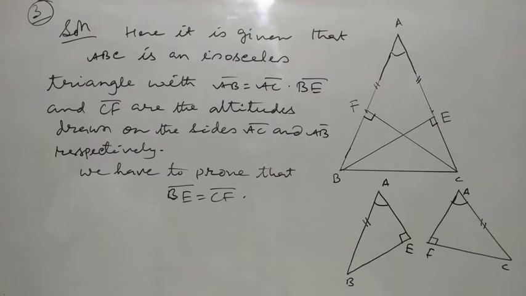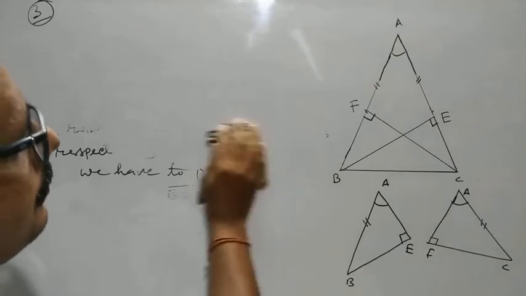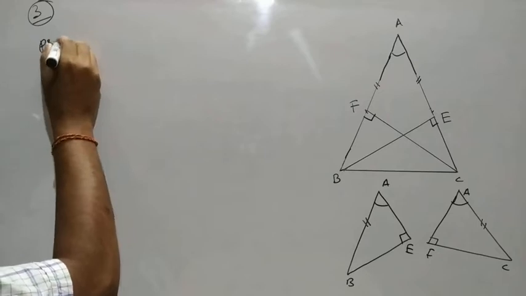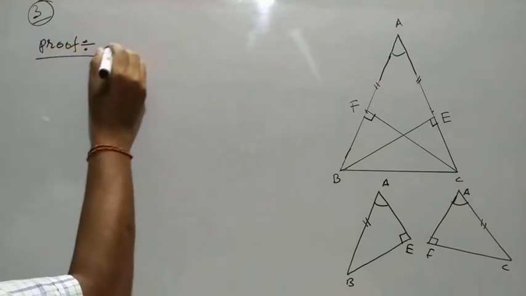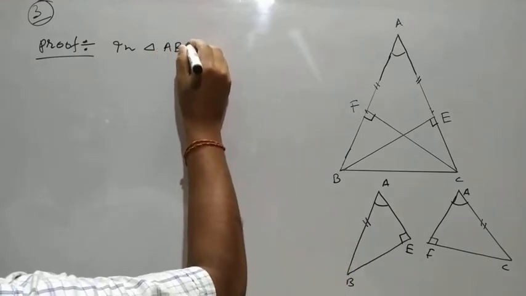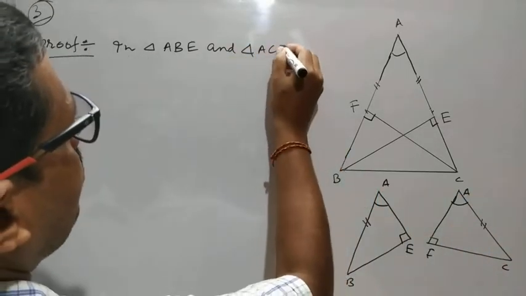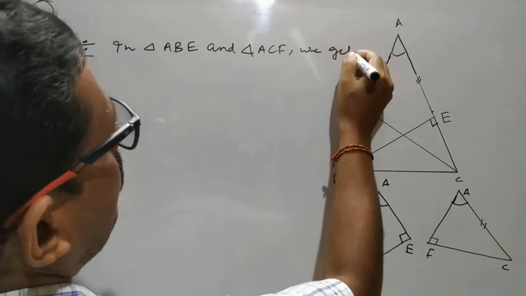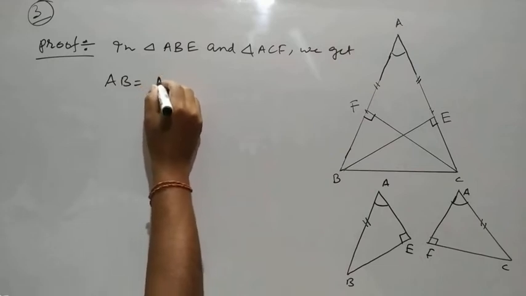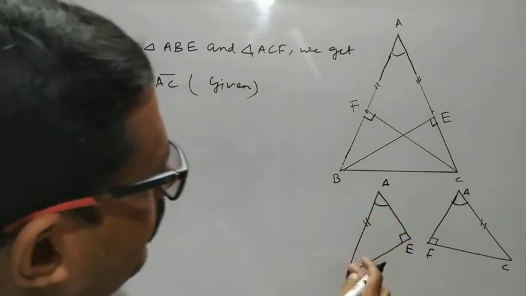Now, let us write this one. So, proof. In triangle ABE and triangle ACF, we get AB equal to AC, given.